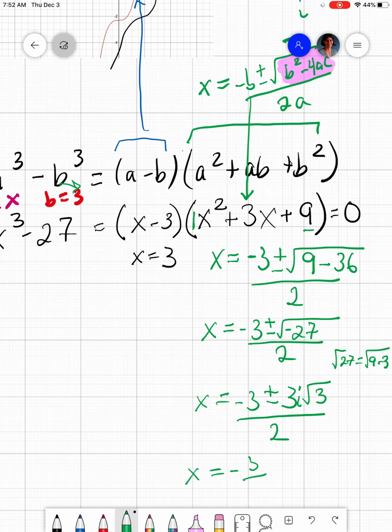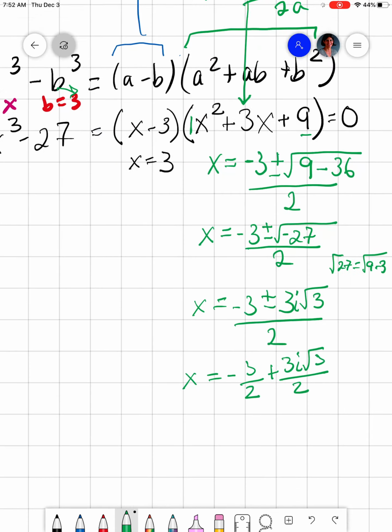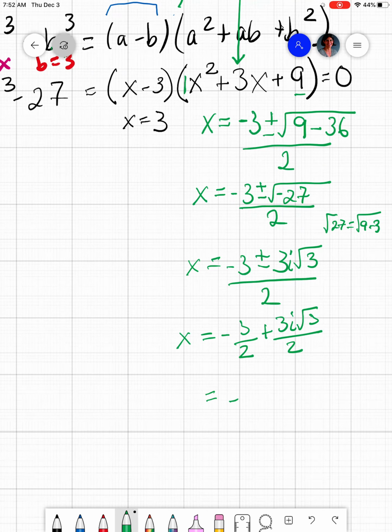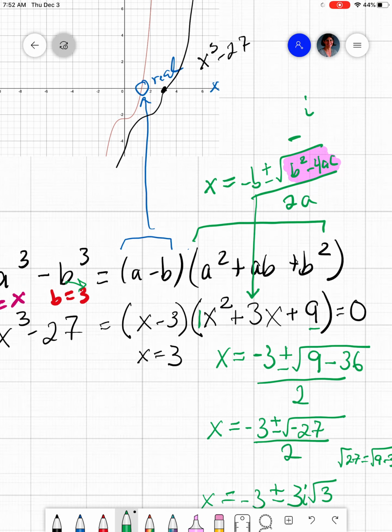I can rewrite this as negative 3 over 2 plus 3i square root 3 over 2, and I can write the other as negative 3 over 2 minus 3i square root 3 over 2. So it's complicated in the answer, but doable.